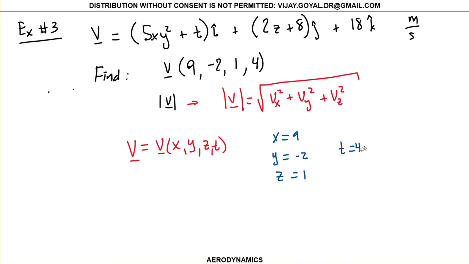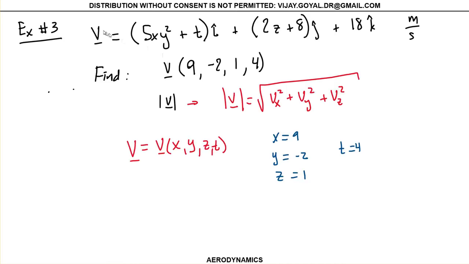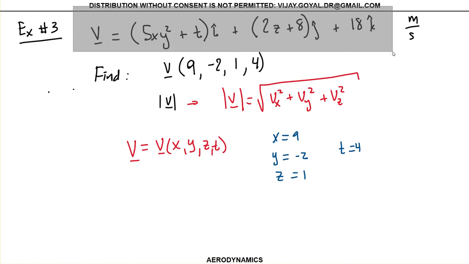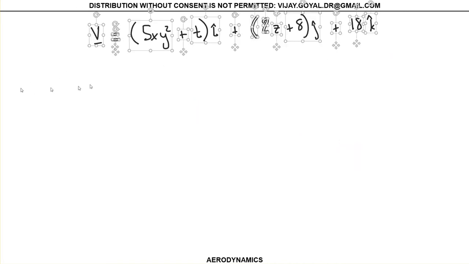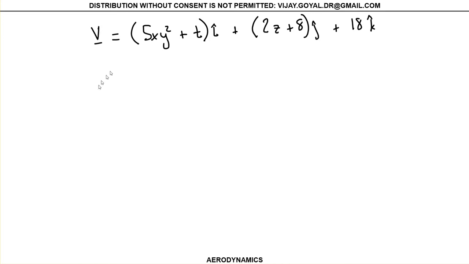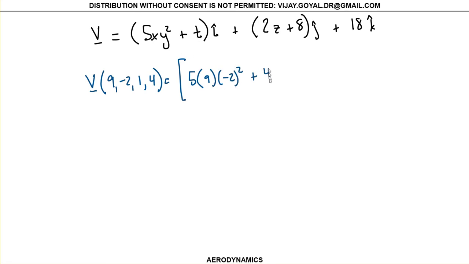Okay, so now what we have to do is go to my equation. I just want to copy this equation here, and I'm going to replace the values. If I replace the values at 9, -2, 1, and 4, it's going to give you 5 times 9, y is -2 squared, plus t, that's 4.